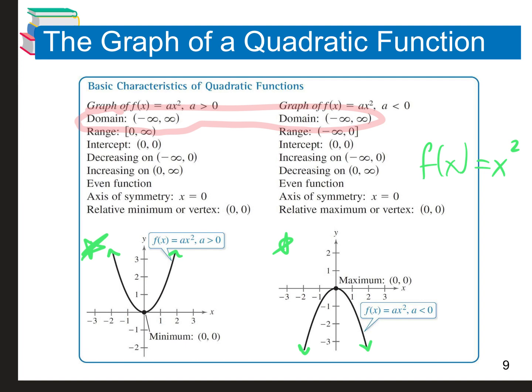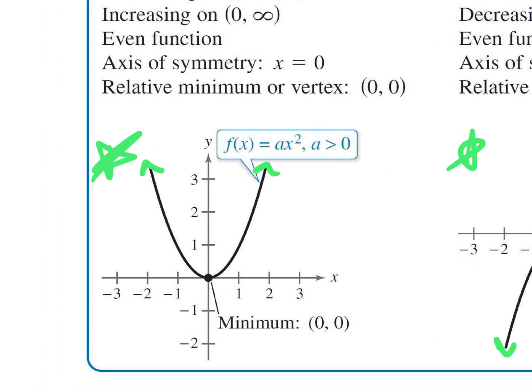Now we'll talk about range, how high it goes, how low it goes. But understand, you guys can tell range after you graph it. You can see exactly where it is. You don't even have to graph it if you know certain things about your parabola. We'll talk more about this in real number terms in a minute. If you're looking at a positive parabola, it's going to have a minimum point.